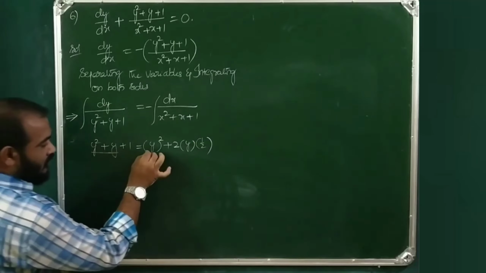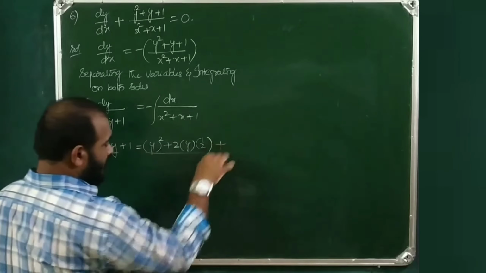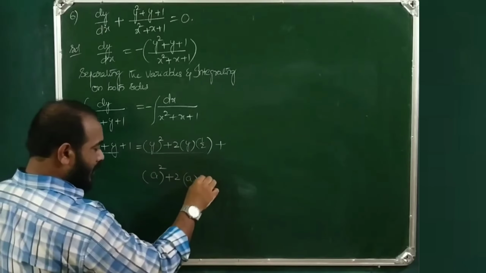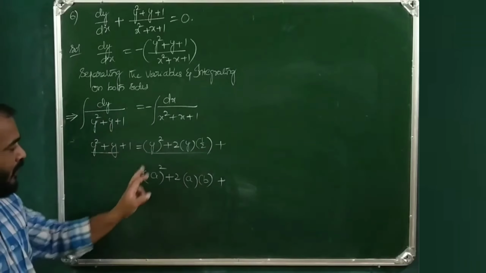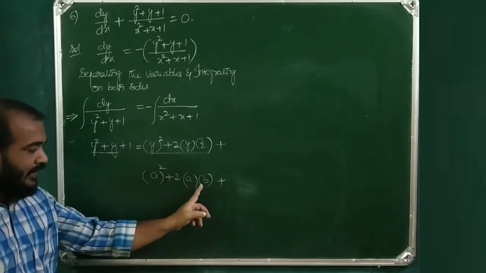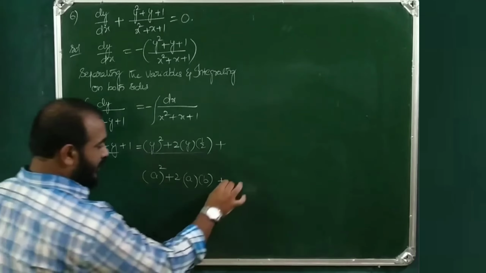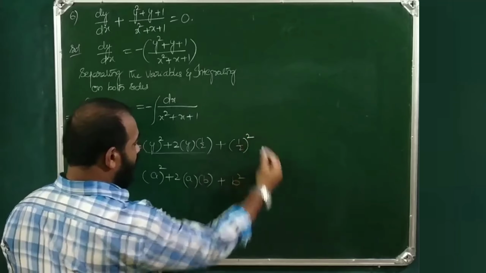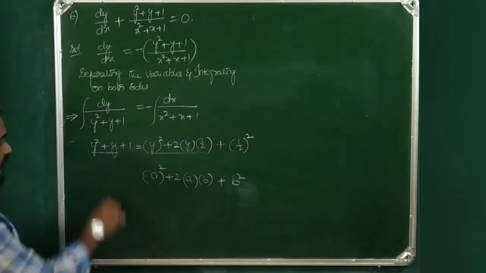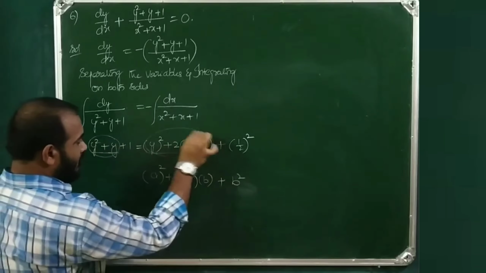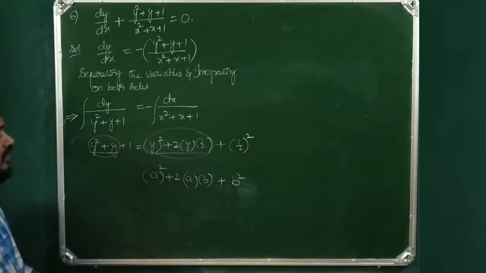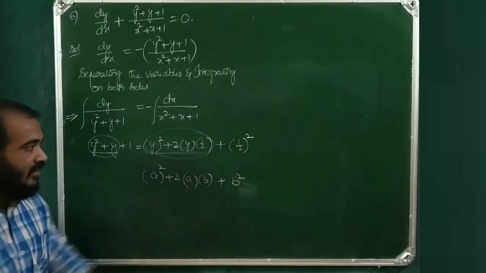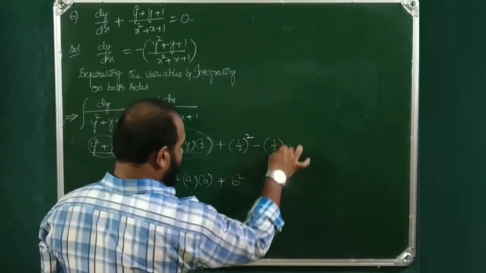In a square plus 2ab, to become a plus b whole square, additionally b square is what we require. That b square here is 1 by 2 whole square. So additionally 1 by 2 whole square I have written, and since this is added, we need to subtract it also: minus 1 by 2 whole square. Here plus 1 is the same.